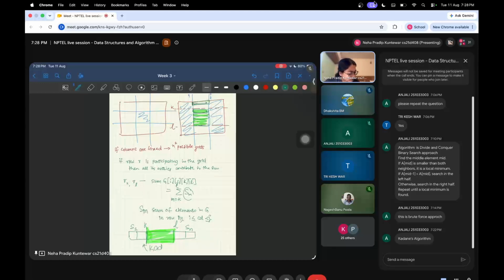You'll use Kadane's algorithm and you will find this in order n time, right? Okay, so ma'am, order of n, is it? Yeah. And space complexity is order of 1, I think.